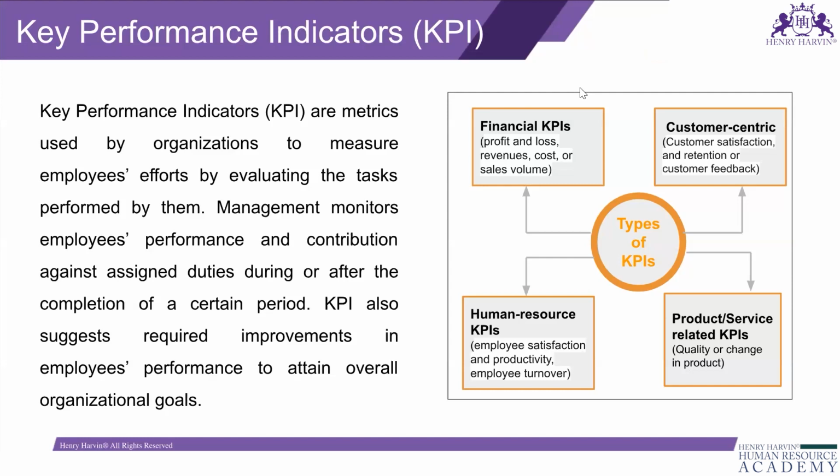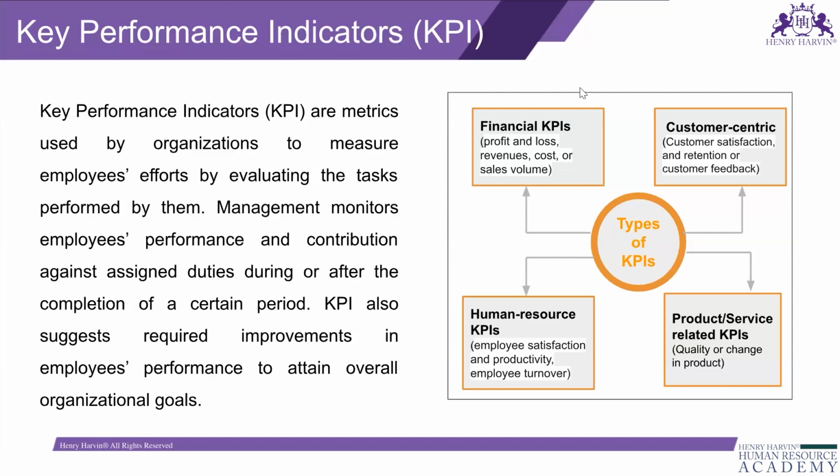So, based on the key result area, your KPI will be measured. So, say for example, you will take payroll area. What is the key result area of a payroll person? What is the KPI of a payroll person?